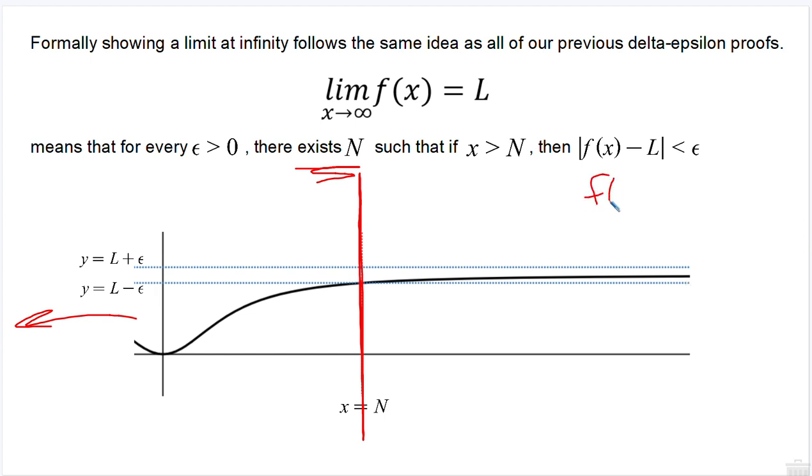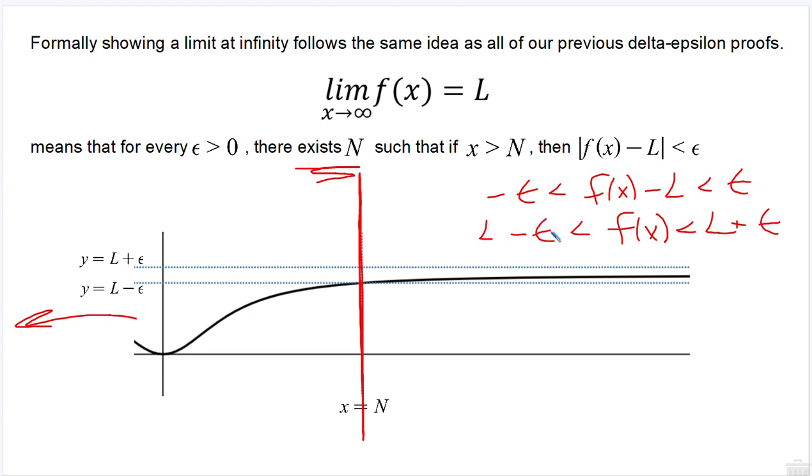Or in other words, the absolute value of f of x minus L is less than epsilon, or f of x is always between L minus epsilon and L plus epsilon, right? And that's what we're looking at here. Past this point, every x value to the right of that, our function lies between these two horizontal lines indicated by L plus and L minus epsilon.